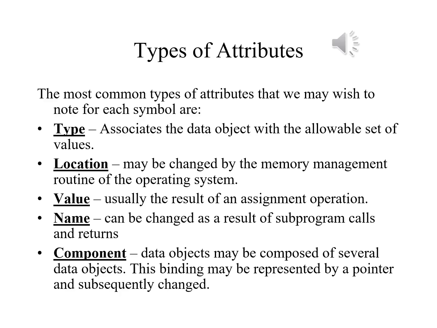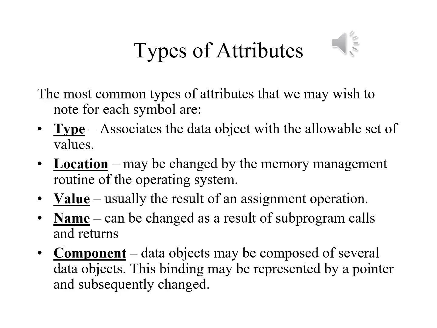There are a variety of different types of attributes. The most common types of attributes are the ones that we see here. Type, associating the data object with an allowable set of values. Location, which may be changed by whatever memory management routine the operating system uses.